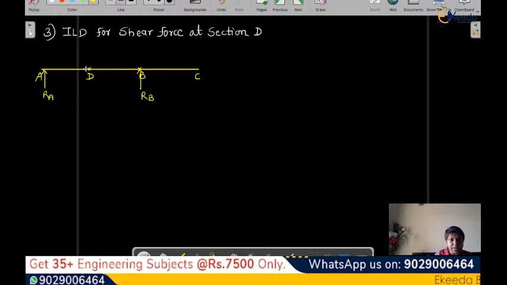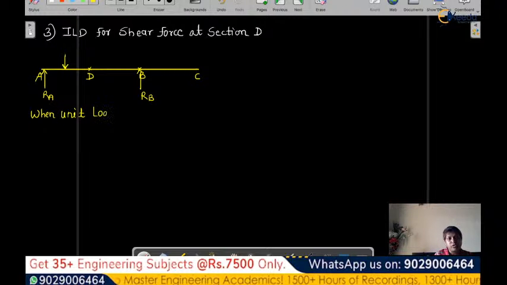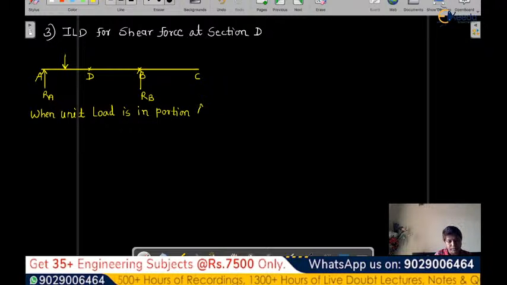Now let's see when the unit load is in portion AD. We have to find the influence line for shear force at D. So when the unit load is in portion AD, we write the shear force at D. When you calculate it, you take RA and then minus 1, so ultimately you will arrive at RB.